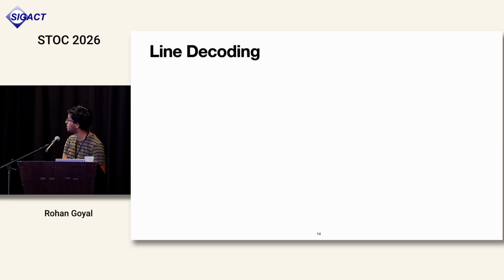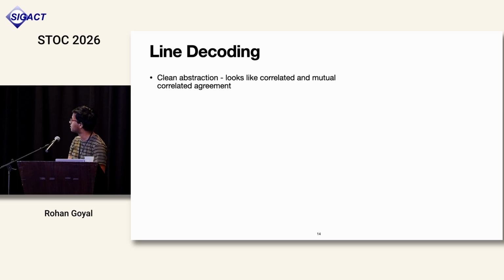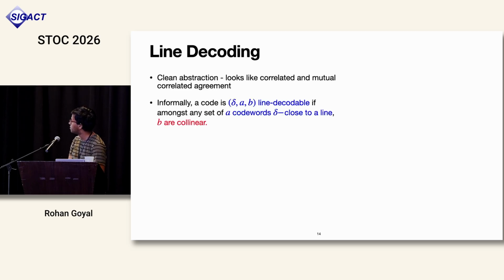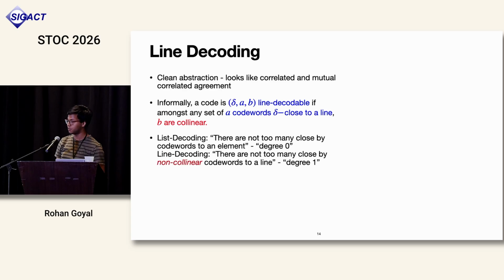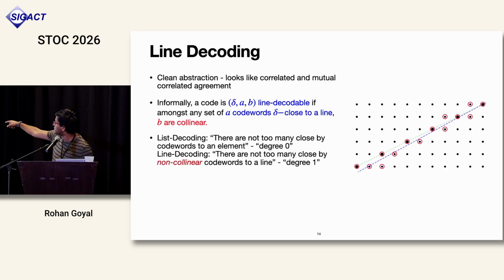So what is this definition? Line decoding. It looks somewhat like correlated and mutual correlated agreement. A code is (delta, a, b) line decodable if amongst any set of a code words which are close to the line, b are collinear. So let me show you a picture.